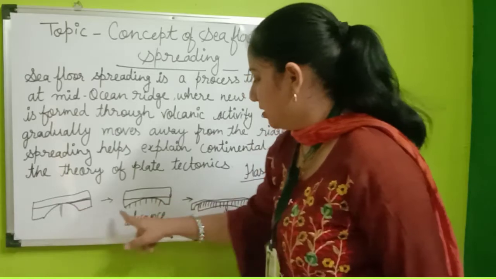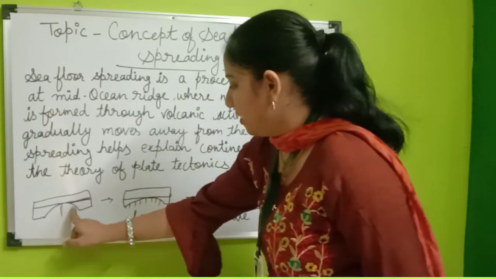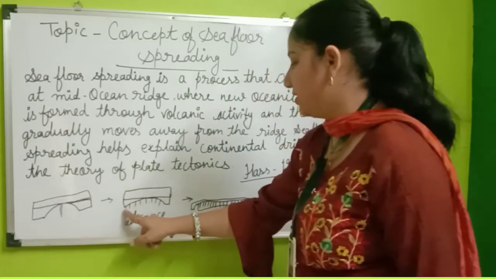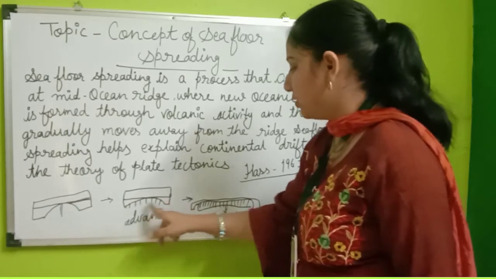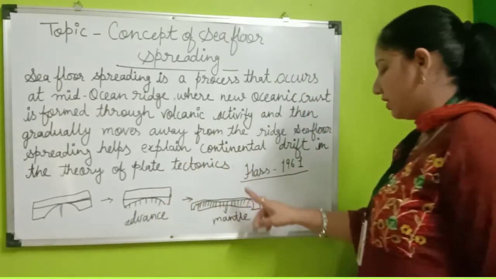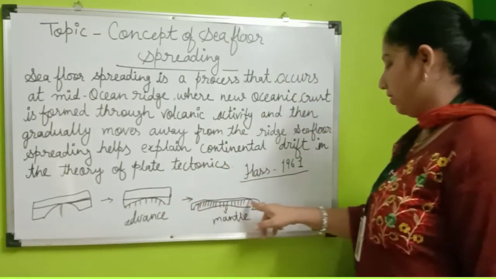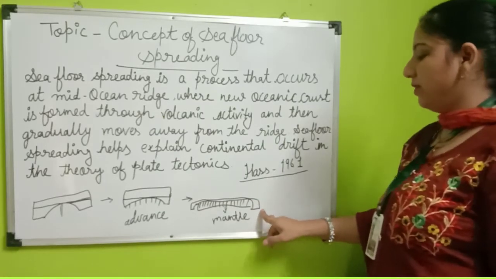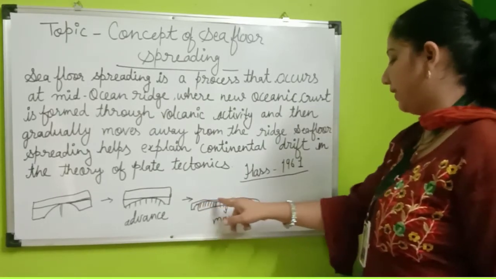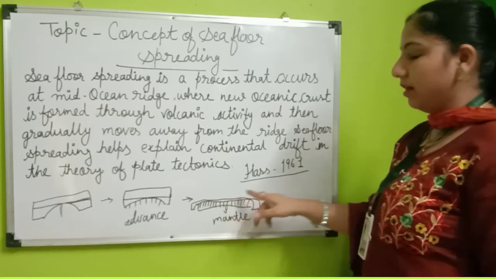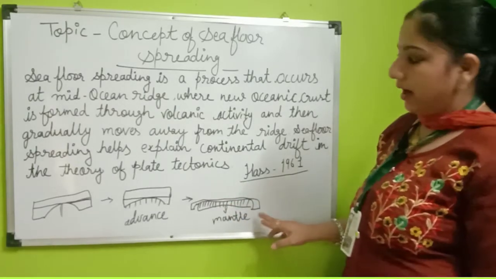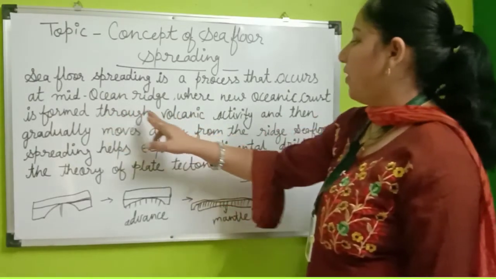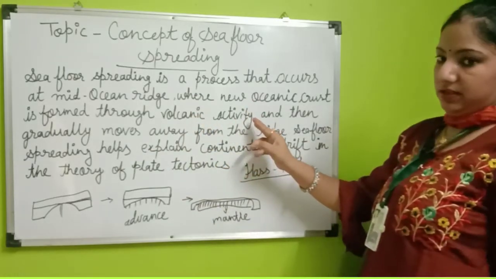Here this process occurs. See, first of all, it was in that shape, then it spreads and comes into the advanced stage, and then it changes into a new form in which the mantle and the crust have a thin layer, formed through volcanic activity.